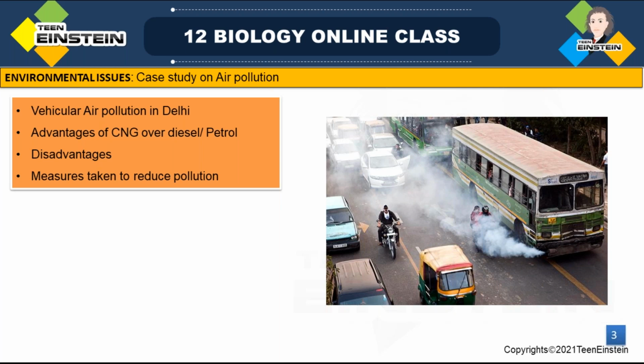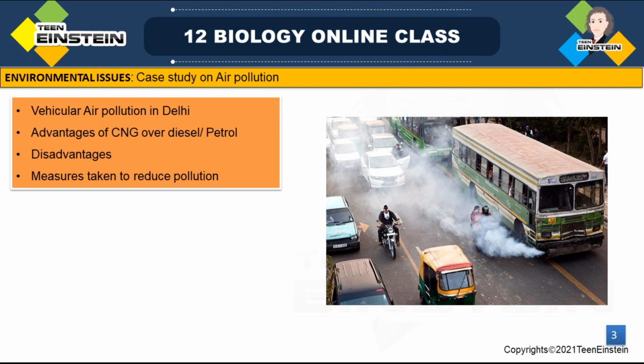As a part of that, what kind of control measures did they suggest? They suggested switching over the entire public transport from diesel or petrol to compressed natural gas, CNG. So instead of petrol or diesel, they took this necessary action as a control measure.